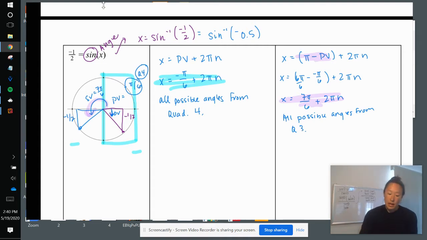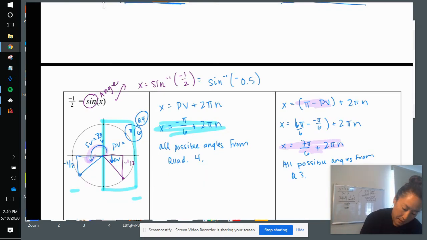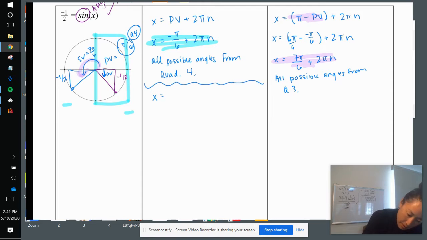Okay. All right, the next thing: we solved for all possible angles. That's number 1. Now we need to solve for all angles between negative 2 pi and 2 pi. So this is what we do. We're looking for all of the coterminal angles. I'm going to take my equation, negative pi over 6 plus 2 pi n, and use any integer.